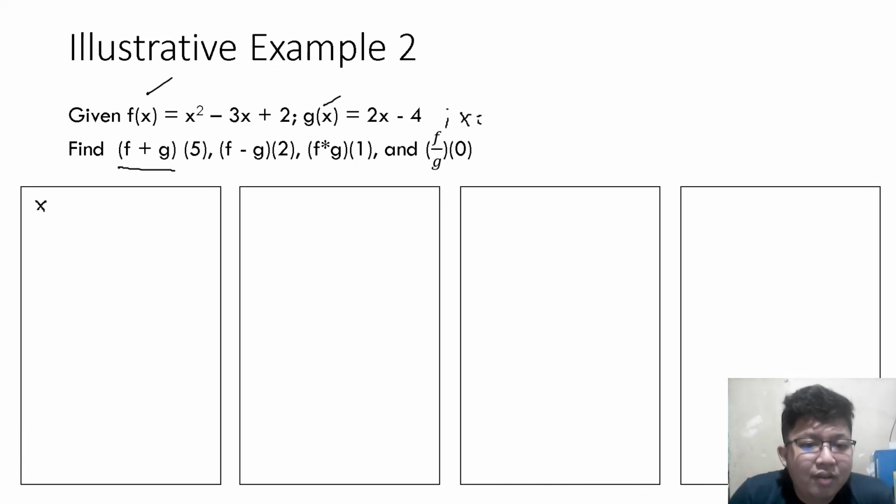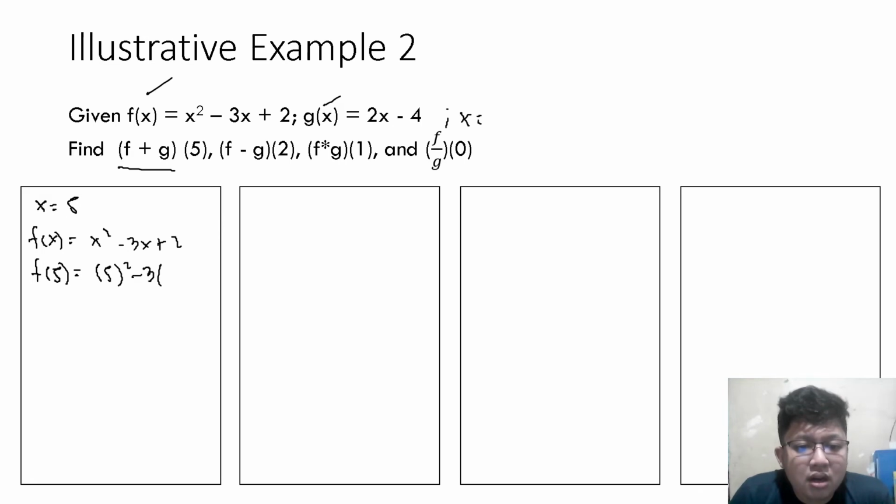So here we have x equals to 5. Okay? For f plus g. So gagawin natin, we have f of x, and we substitute the value of 5 to every x that we have. So this will become f of 5 equals, so we have x squared minus 3x plus 2 here. So mangyayari po, we have 5 raised to 2 minus 3 times 5 plus 2.